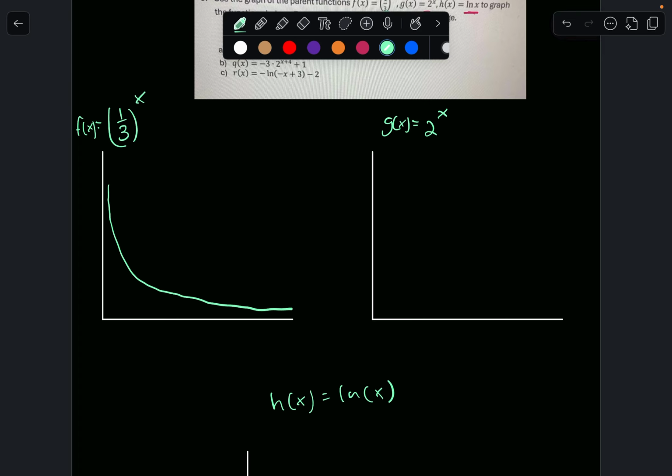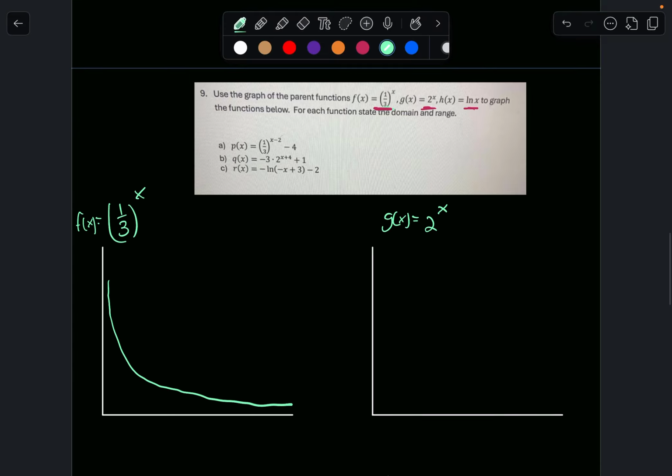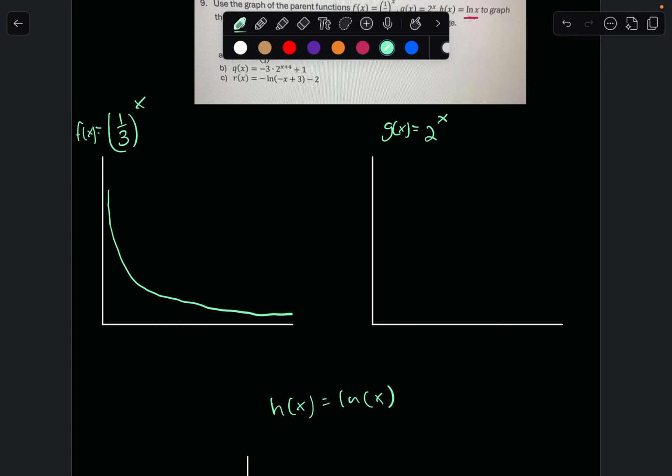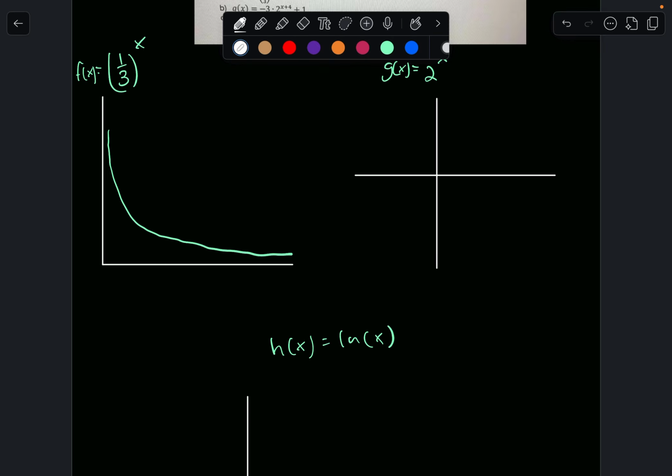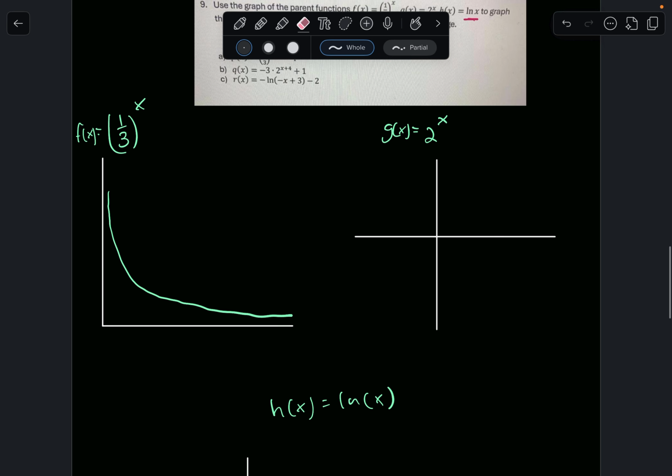Then 2 to the x should look something like this. You just gotta know these, what these look like. Look up pictures of the graphs, and you should know these. But 2 to the x, since it's a whole number, is going to look like this, roughly.